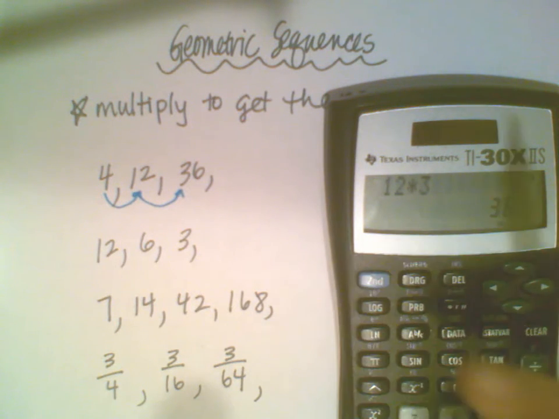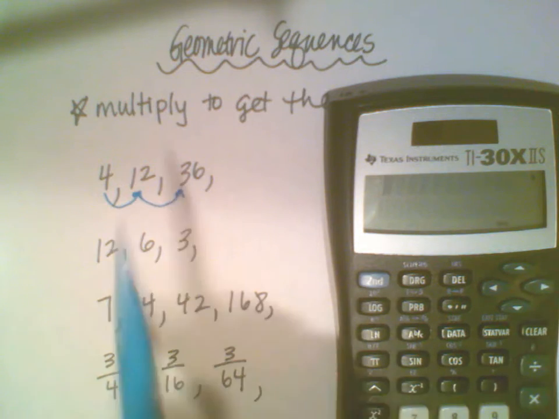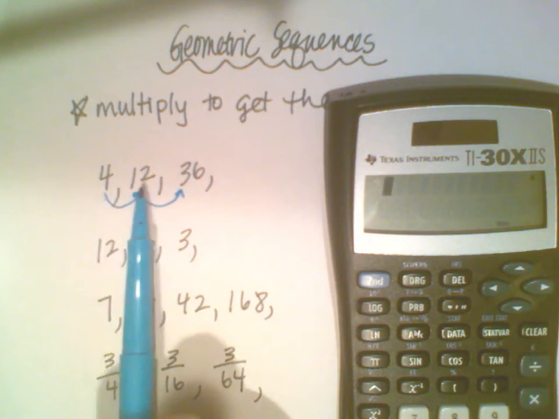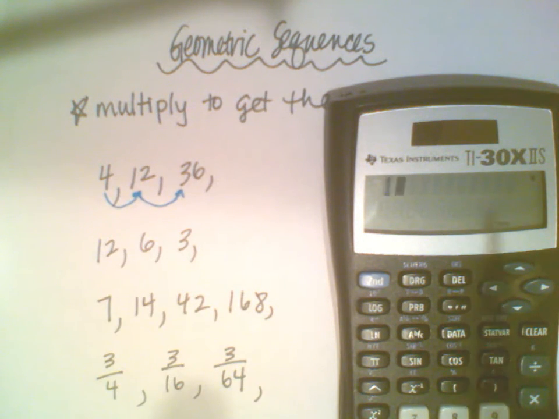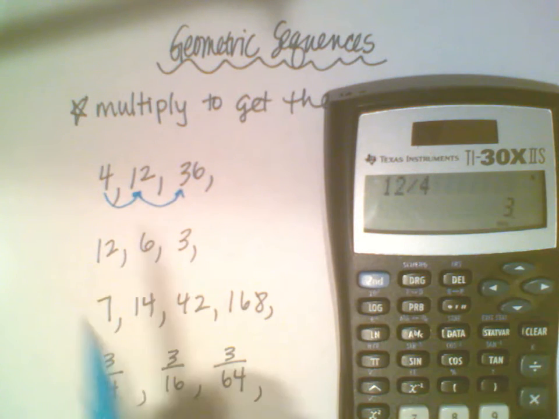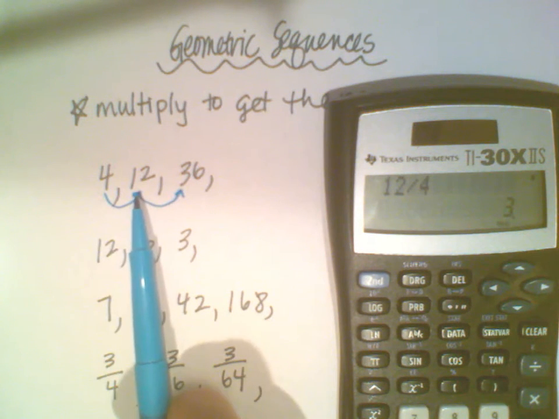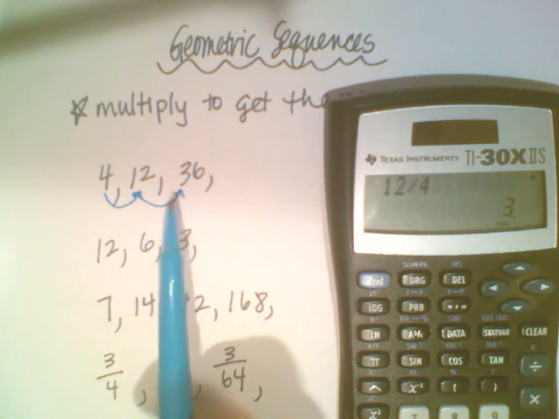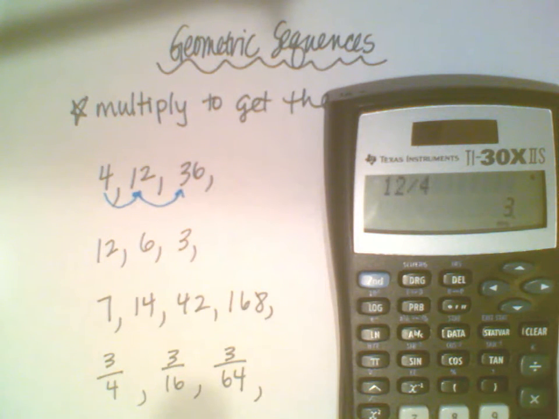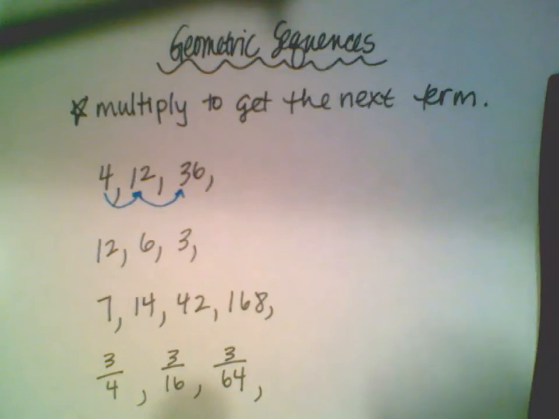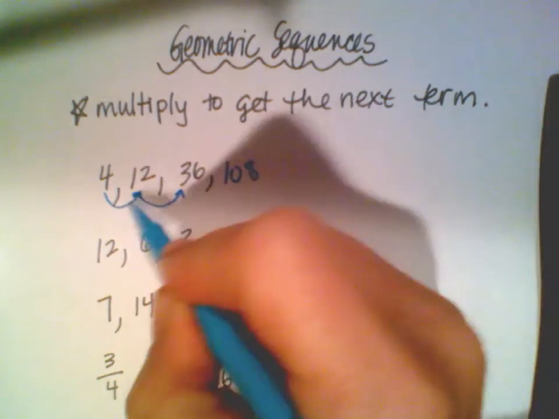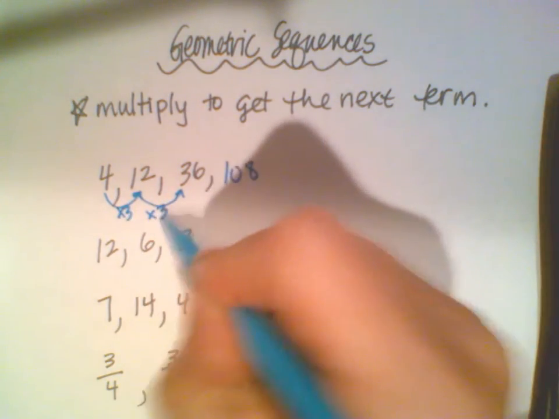Also, if I'm not sure, I can take the two terms next to each other and figure it out by doing 12 divided by 4 and see what I get. Oh, I got 3. That must mean that I multiplied by 3 to get 12, so I'm going to check to see if that's my next one. So if I wanted to get the next term, I would just have to take 36 times 3 to get 108, because each time I multiplied by 3.